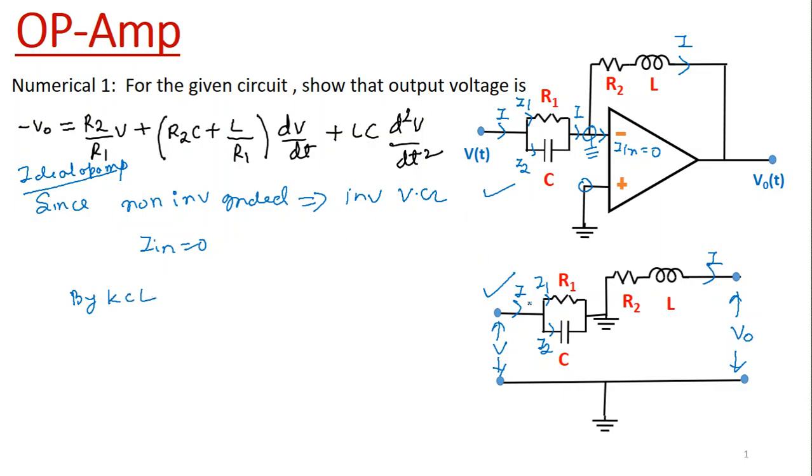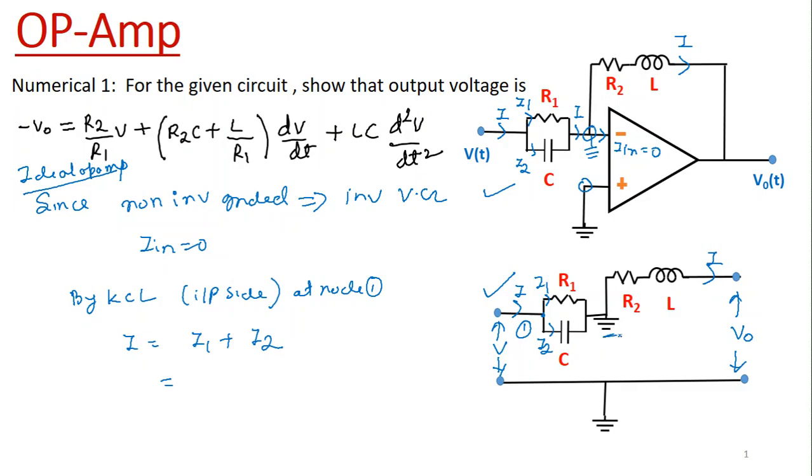Let this be node number 1. We apply KCL at this node number 1. First we take the input side, then we take the output side. By KCL at node number 1, we get I is equal to I1 plus I2. I1 is the current through resistance R1, and since this terminal is virtually grounded, the voltage across R1 and capacitor C will be V only.